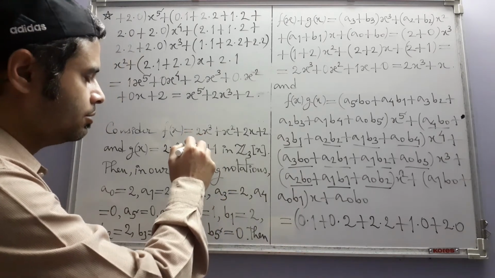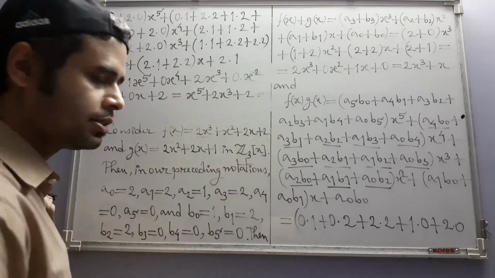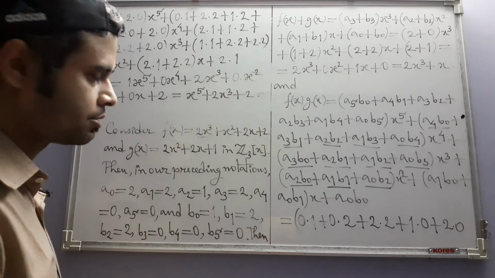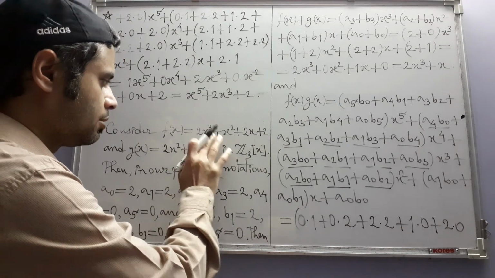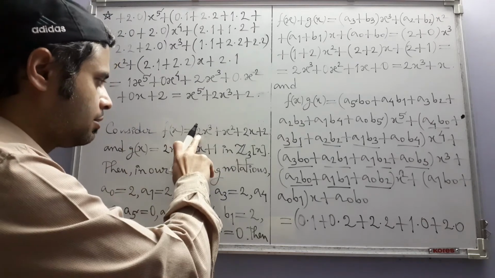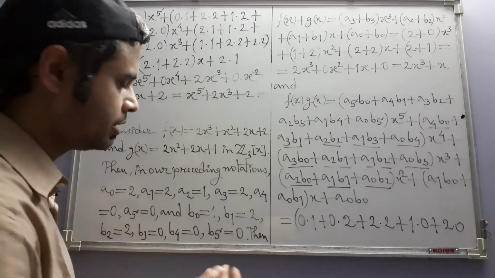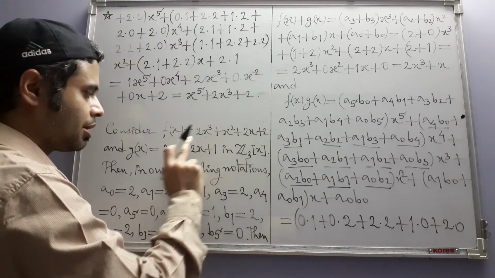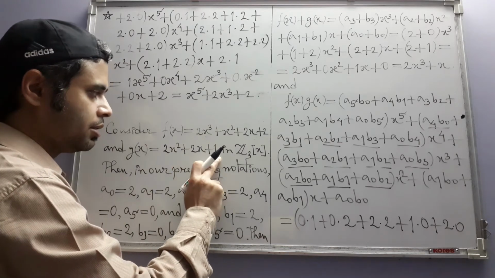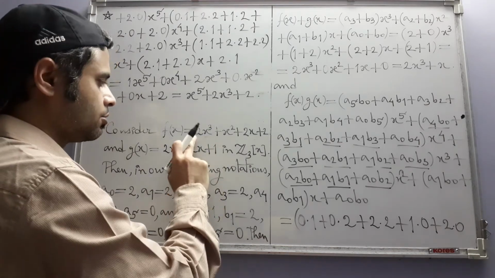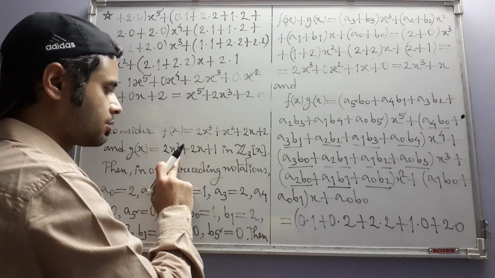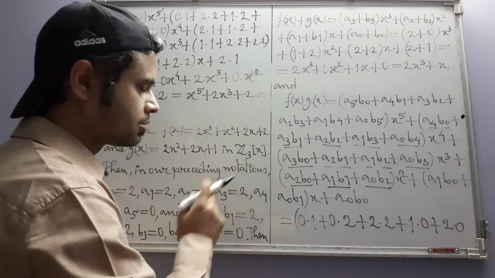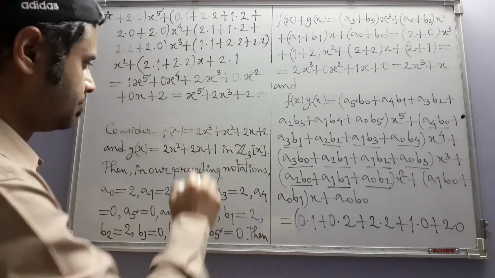Instead you will just multiply these polynomials the way you always do. For example, you use the distributive law. First you multiply each term here by 2x cube. So 2x cube times 2x square plus 2x cube times 2x.